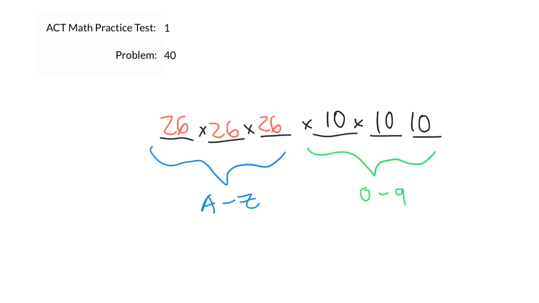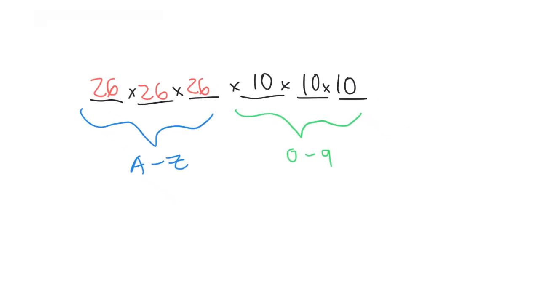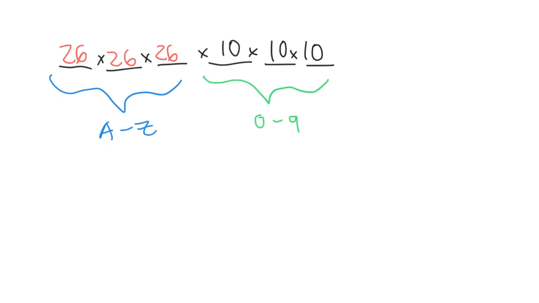Now, you could be tempted to do this in your calculator, but you're going to get some very large number. And when you look at the answer choices, they don't really look like they're written as a normal looking number. So we're probably just going to have to conceptualize this situation as something else.